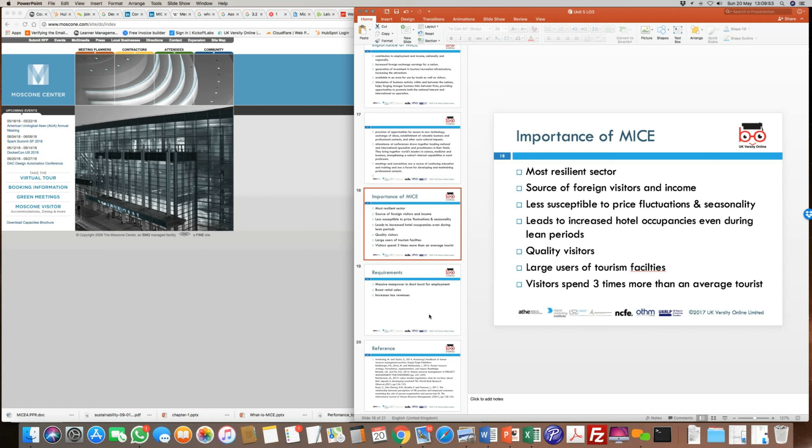So some of the events, when we look at them from a hotel's point of view, are subject to seasonality and fluctuations. But in the case of MICE, this concept is less susceptible.